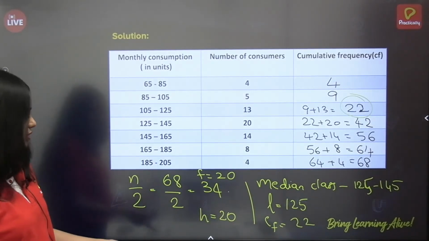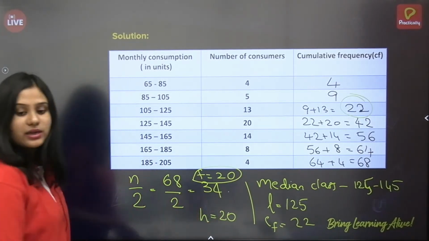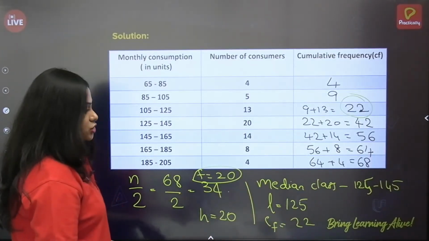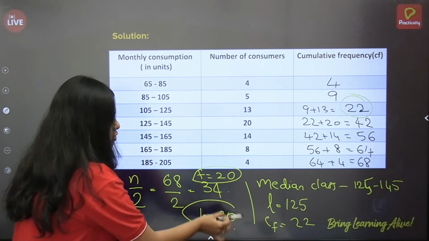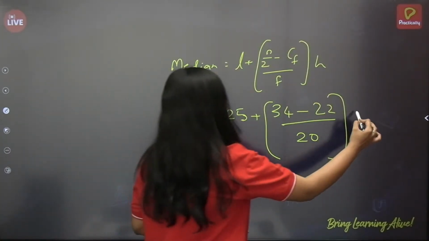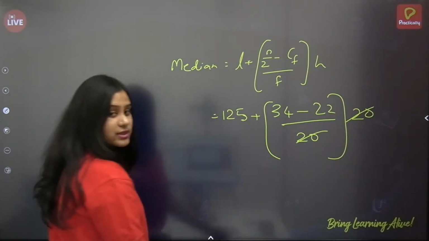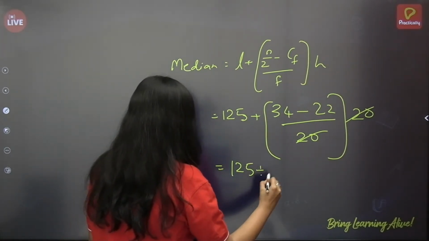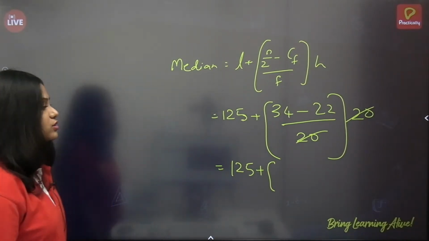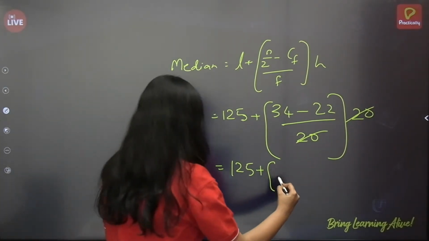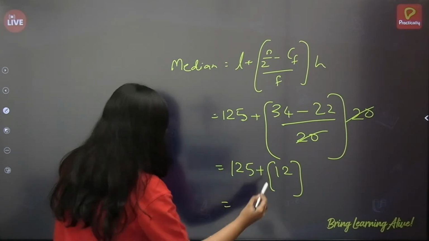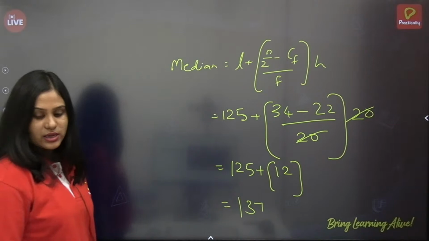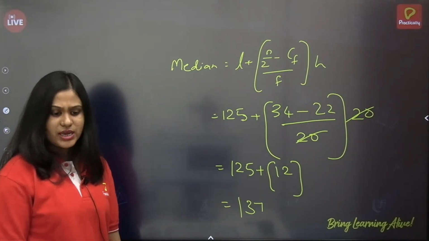F is 20, correct? What is H? H is also 20. So 20 and 20 cancel. So 125 plus 34 minus 22 is how much? 12. 5 plus 2, 7. 2 plus 1, 3. 1. 137 is the median.